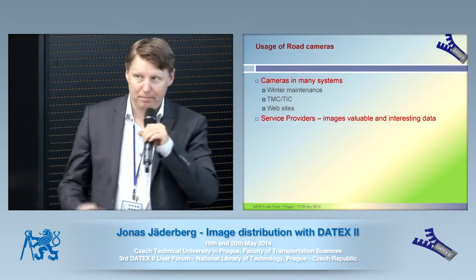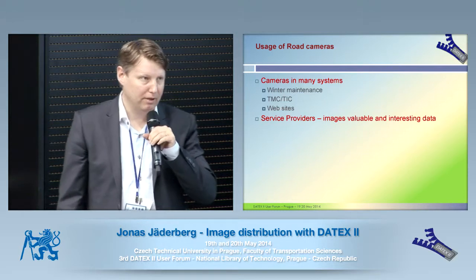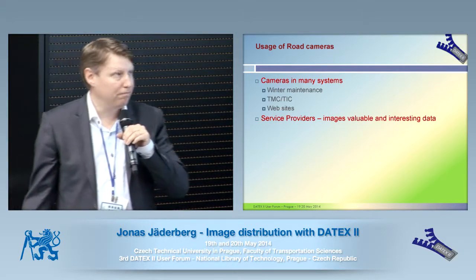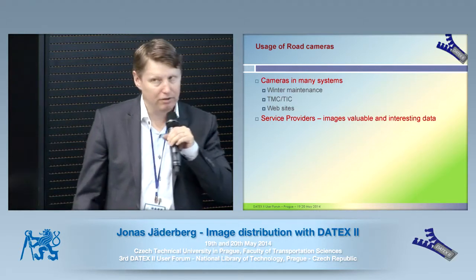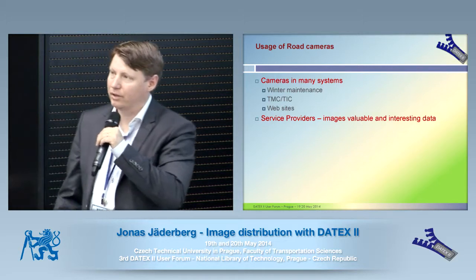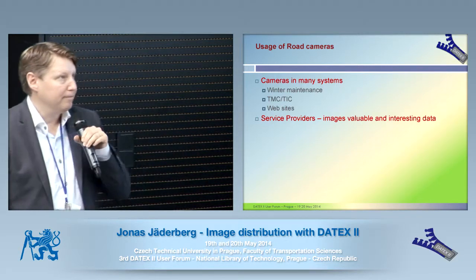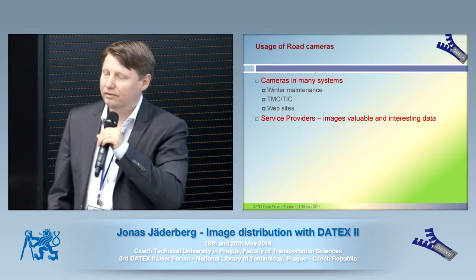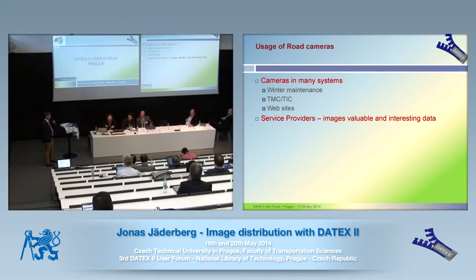And we publish them on different kinds of websites we have. And for 3 or 4 years, we have had these images also available for external clients, our Datex II clients, because they see these images as very valuable input and very attractive to users to look at.